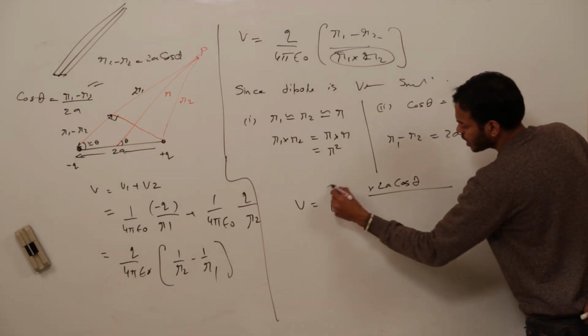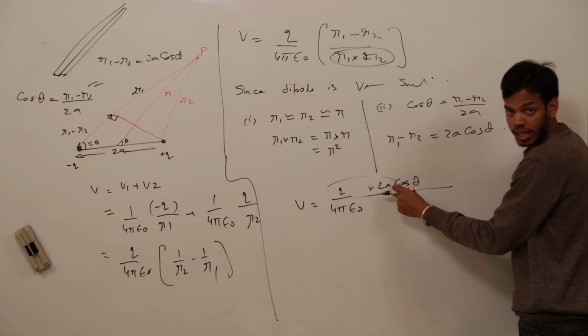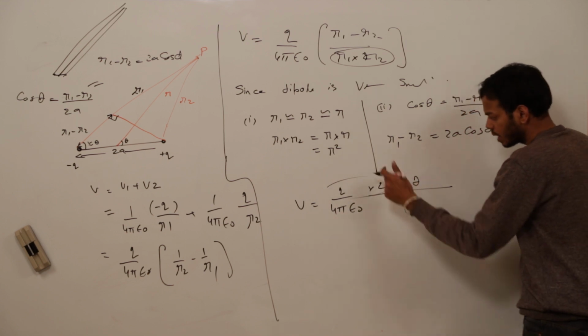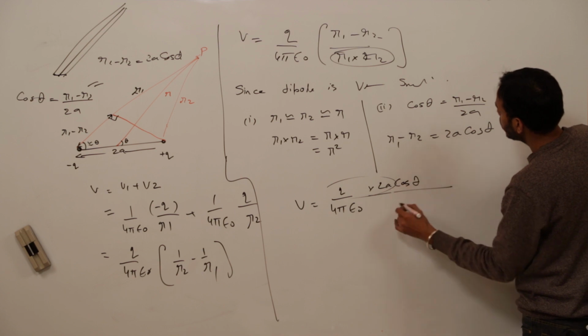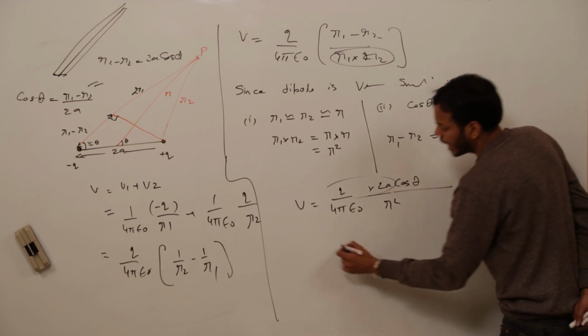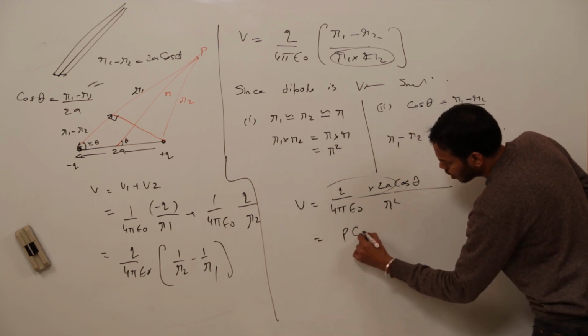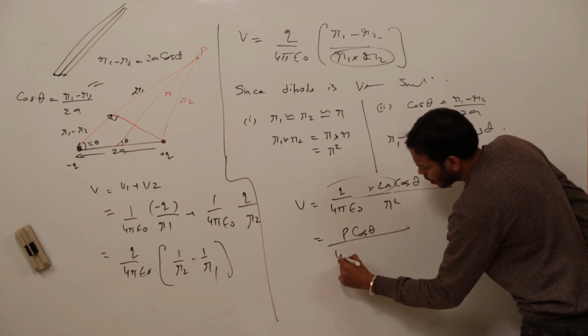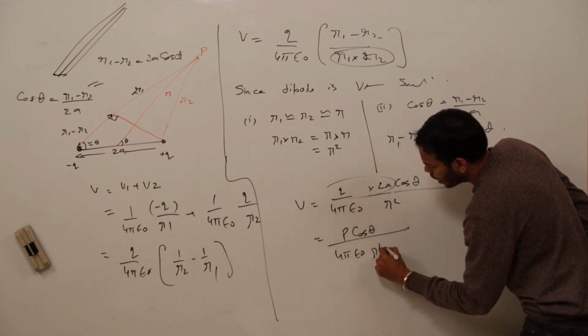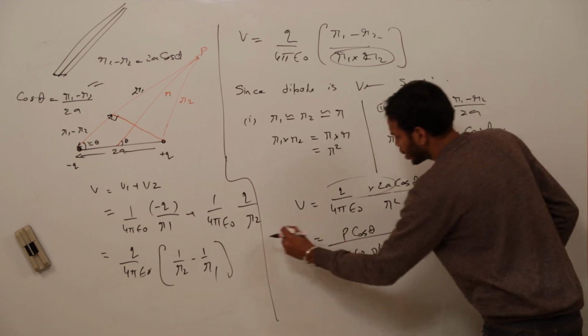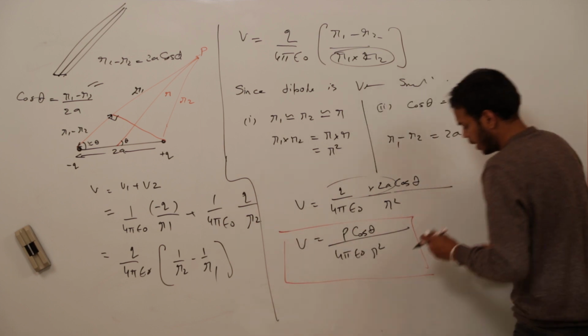Some of you must be thinking right now that Q into 2a is something which you already know, the dipole, upon r square. So write the value of dipole P cos theta upon 4 pi epsilon naught r square, and this is the required expression we were finding out.